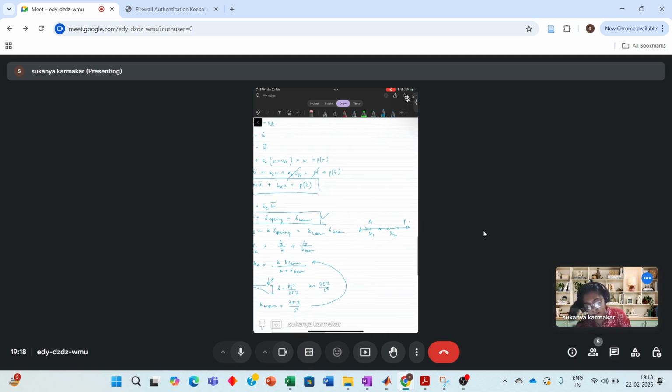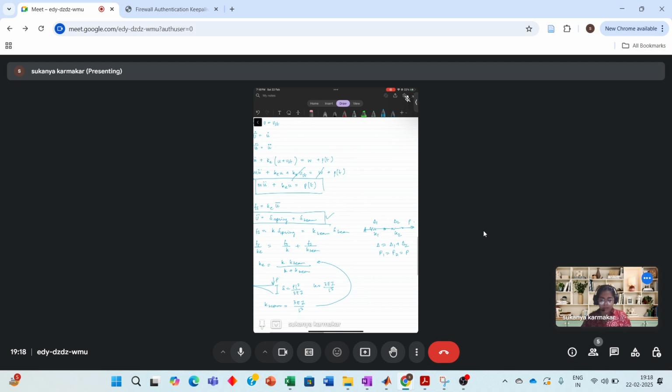If the deflection in the springs is delta 1 and delta 2, then total delta is delta 1 plus delta 2, and force in spring 1 is equal to force in spring 2 is equal to P. This is exactly what I'm doing. Just how we visualize the spring is slightly different in this question. Otherwise, we are doing exactly the same thing. Yes, ma'am. Got it. Okay. Sorry, I missed this equation a bit.